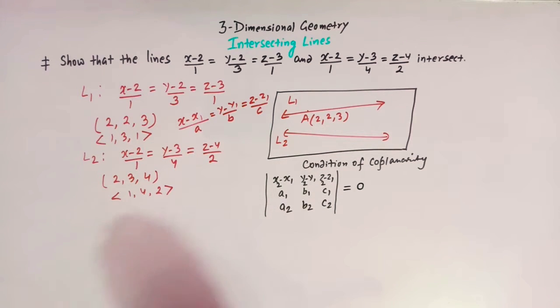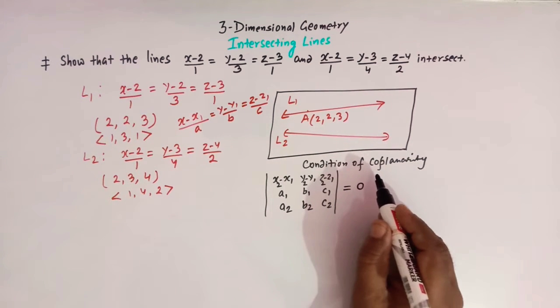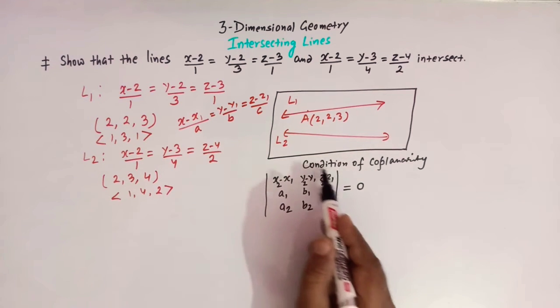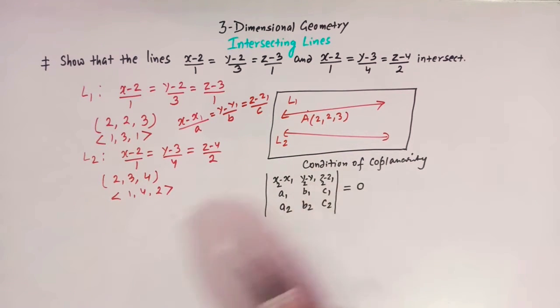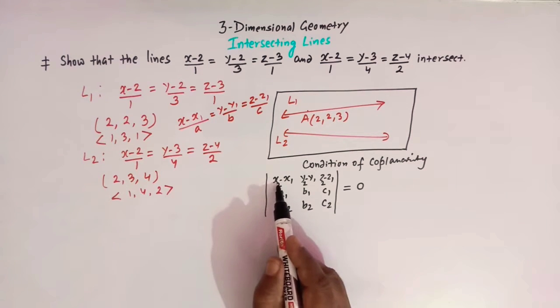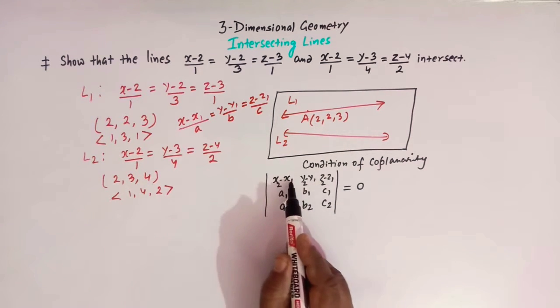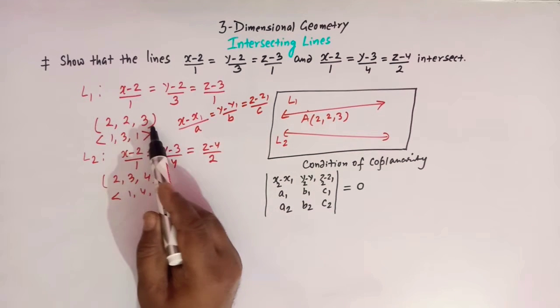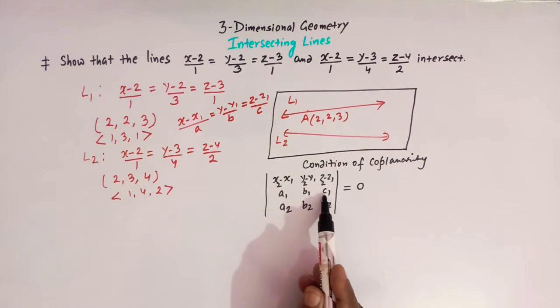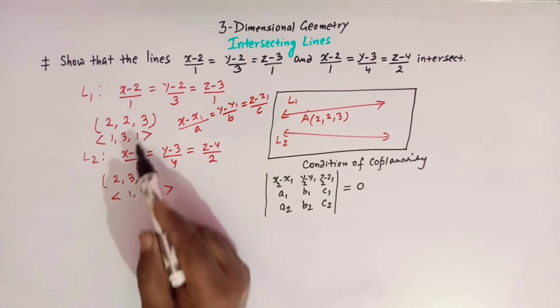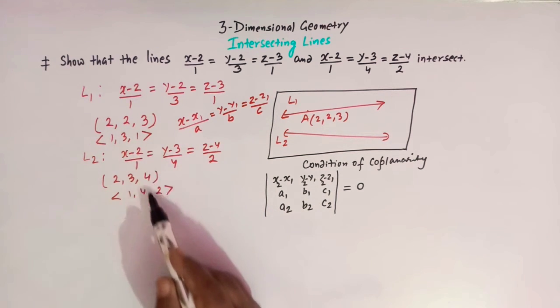If two lines are coplanar, this determinant is 0. Here (x1, y1, z1) and (x2, y2, z2) are given by the two points, and (a1, b1, c1) and (a2, b2, c2) are given by the two direction ratios.